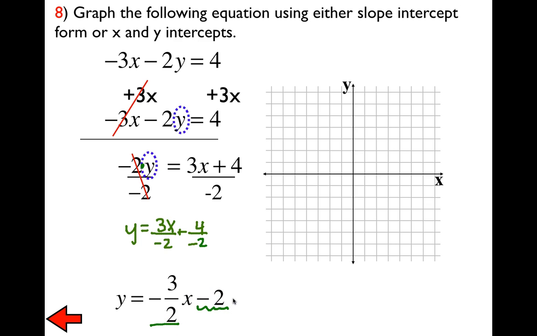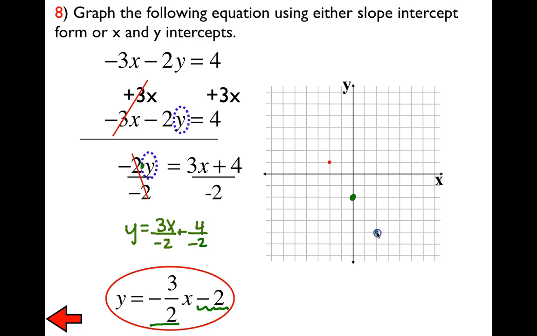So when I graph using slope-intercept form, I'm going to definitely start with the y-intercept. It's occurring at negative 2, so on my y-axis, I'm going to go ahead and plot my point at negative 2. Then I'm going to use my slope to see where this graph is headed. So since it's a negative 3 halves, I'm going to go down 1, 2, 3 and over 1, 2.